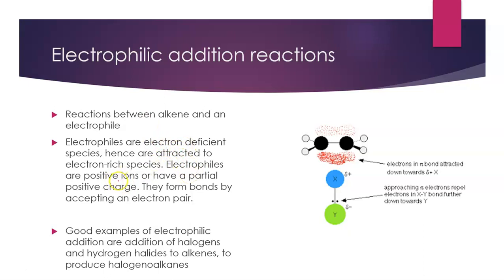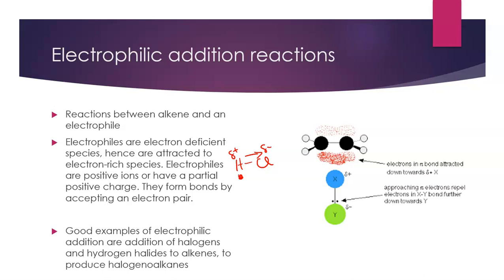They are positive ions or polar molecules where we have a partial positive charge. So something like HCl, where we have this disruption in the electron density with the electrons moving towards the chlorine, can act as an electrophile.